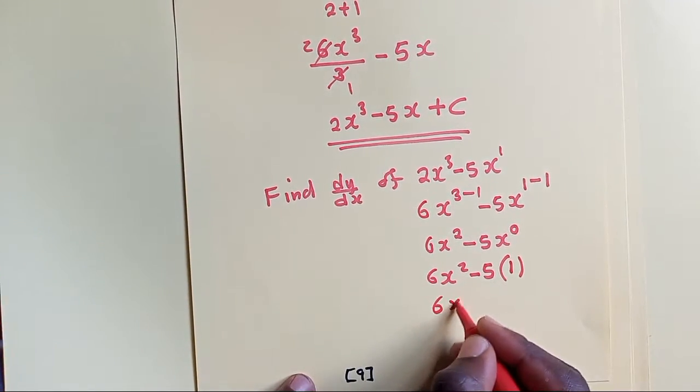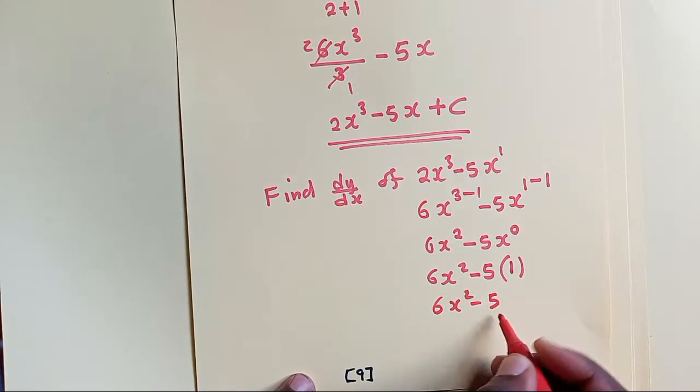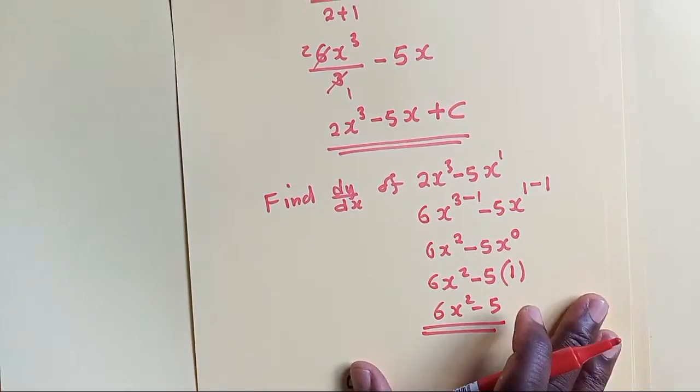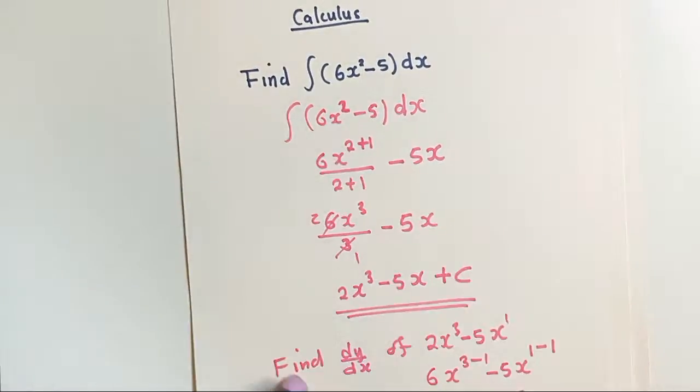Such that when we work out things here, we get 6x squared minus 5. So it has taken us back to the original.